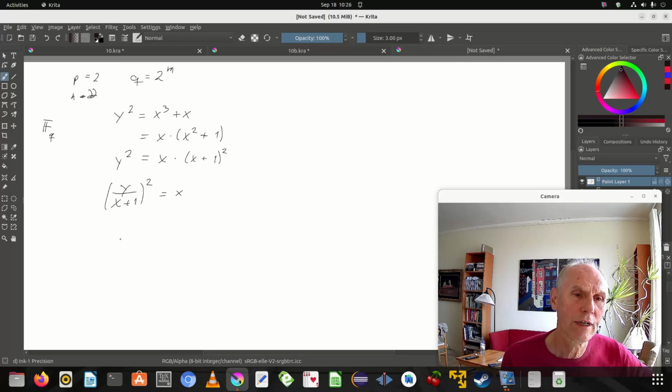We can set that equal to t, and then let t run through the multiplicative group of the field. Then we get a value for x, and then we are able to compute y.